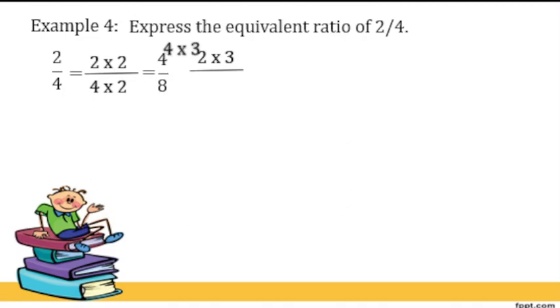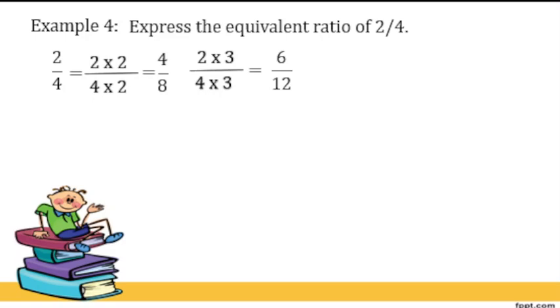So that will become 2 times 3 is 6 and 4 times 3 is 12, which is equal to 6 over 12. Again, cross multiplying, 6 times 4 is 24 and 12 times 2 is 24. So again, 2/4 is equal to 6 over 12.